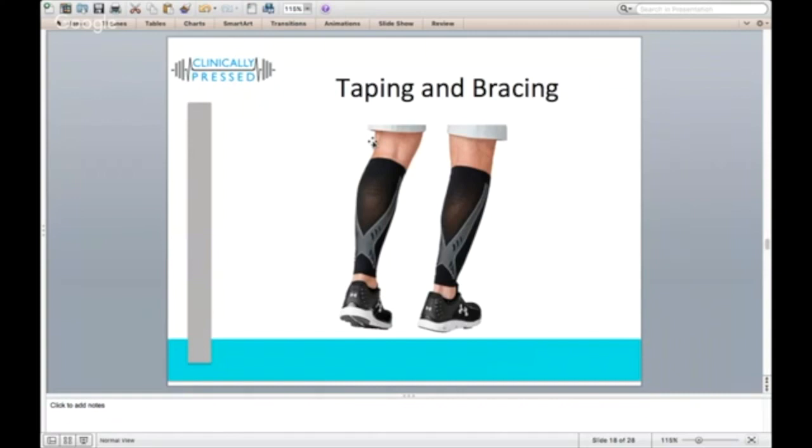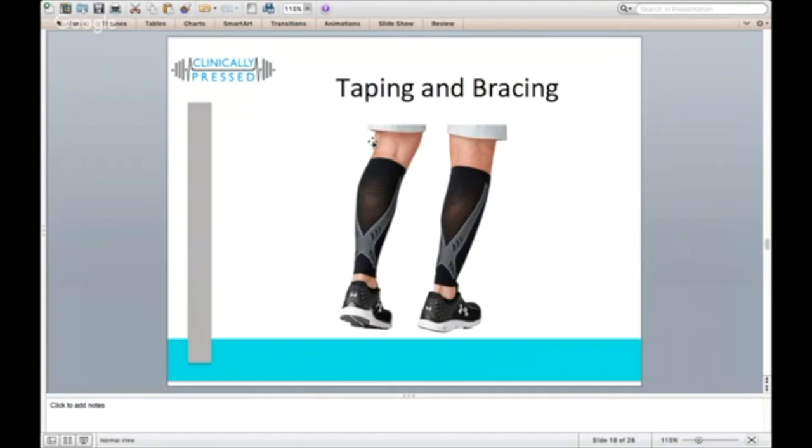We're not actually correcting anything by just putting these on. They may feel good, and that's great, but we still need to try and get down to the root of the problem and try and correct it for some long-term relief or potentially quote unquote curing this injury.